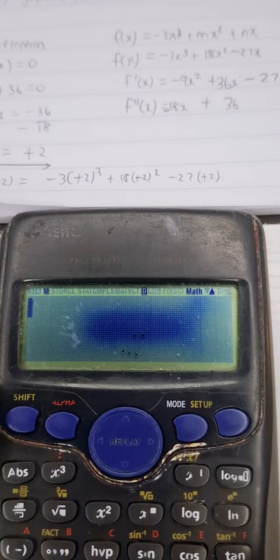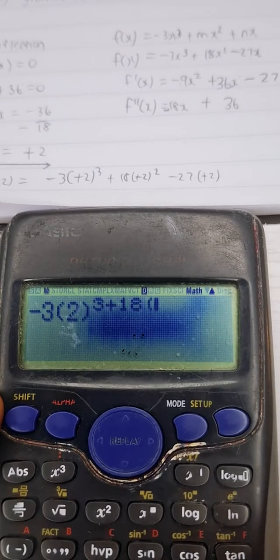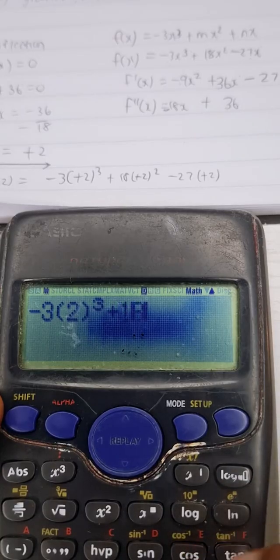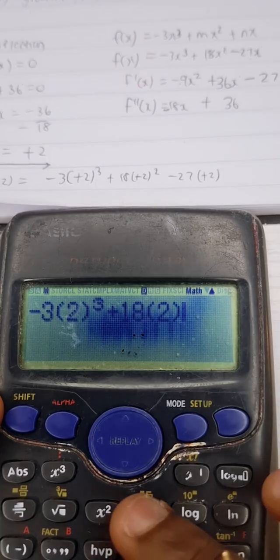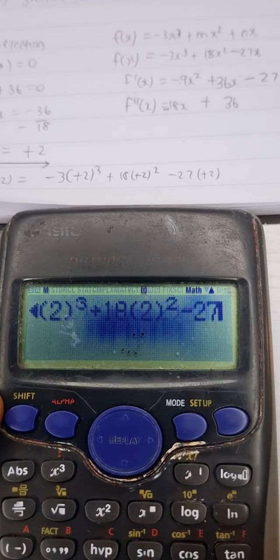Let's do this again. Negative 3 in brackets. We have positive 2. We cube that. Plus, we have 18 in brackets. We put 2. We square that, of course. Minus 27.